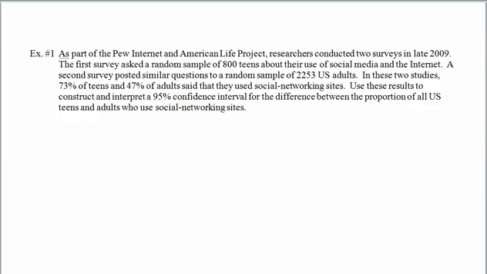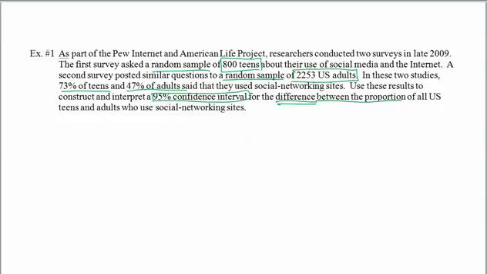Okay, so what were the key things here? We have a random sample of 800 teens, and a random sample of 2,253 U.S. adults. We have 73% of the teens, 47% of the adults, and we are looking at a 95% confidence interval for the difference. That's the key word there, the difference between the proportions. So we know that we're dealing with a two-proportion test.